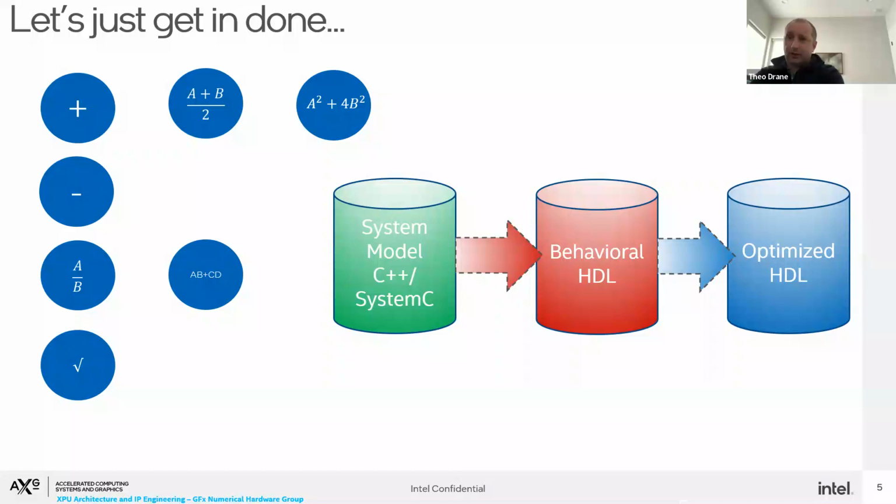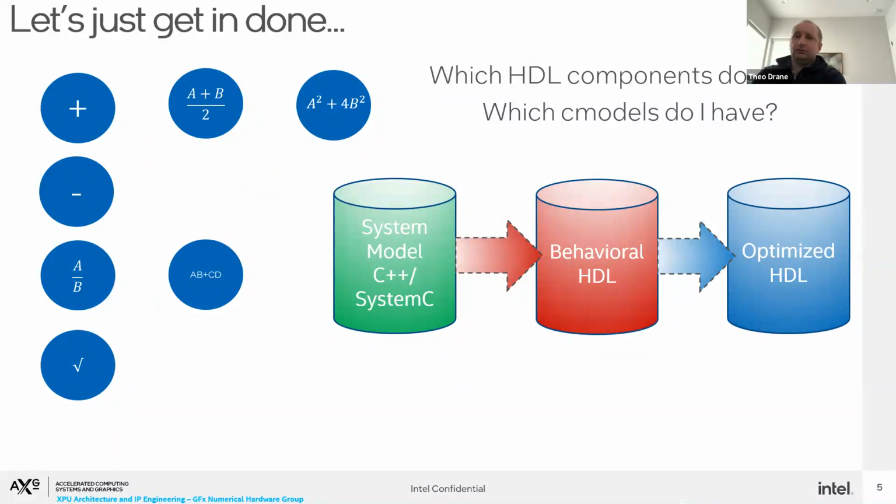But this very toy example makes it clear very quickly that that isn't going to work. I need these components, but it's probably more a question of whether I have existing components if I want to just get this done at speed. And what C models do I have lying around?